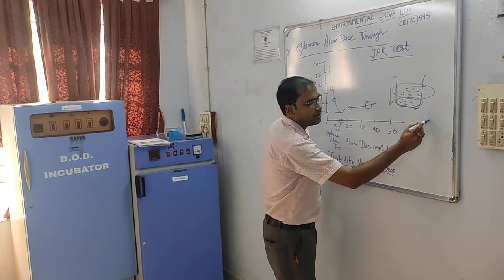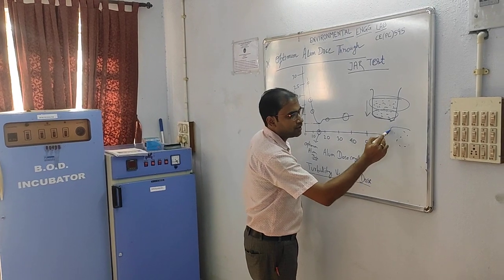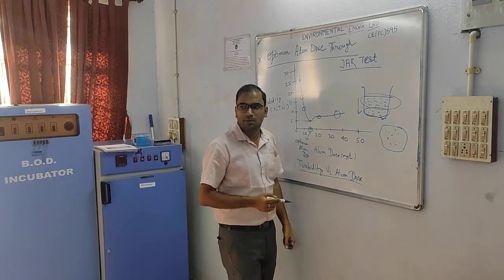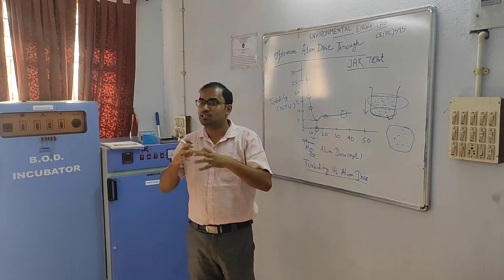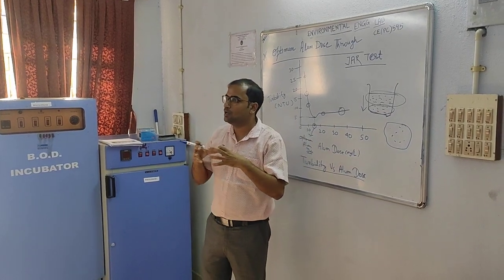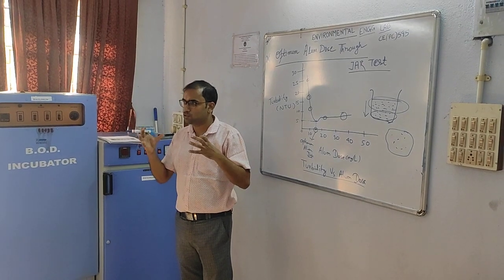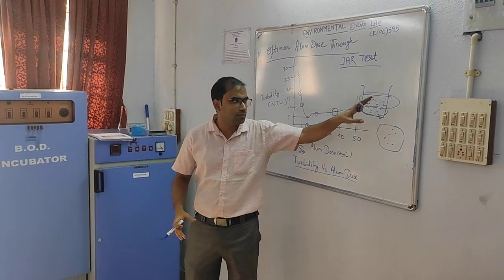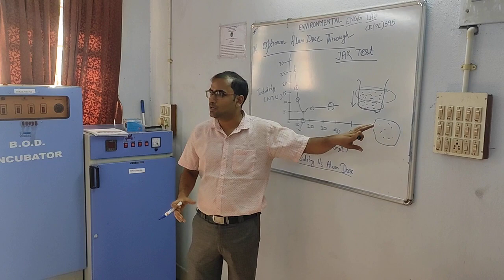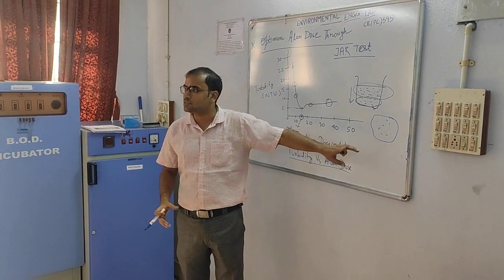Whenever the coagulant agent is applied, the particles stick to it and form a cloudiness or cotton-like appearance. They mix with those particles, make them heavier, and after some time you can see them settle down.